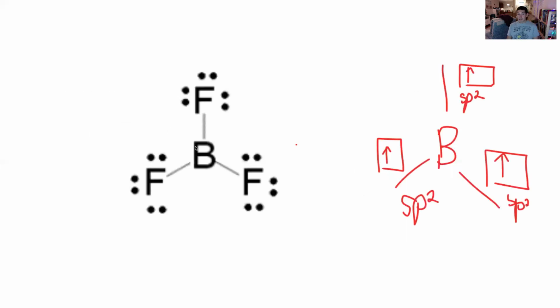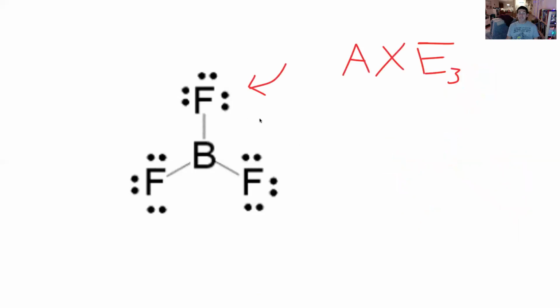If we go back and look at the BF3 molecule, each bond has that sp2 orbital half filled from boron sharing an electron with the F atom. So those 3 hybrid orbitals show up. Now let's look at fluorine.